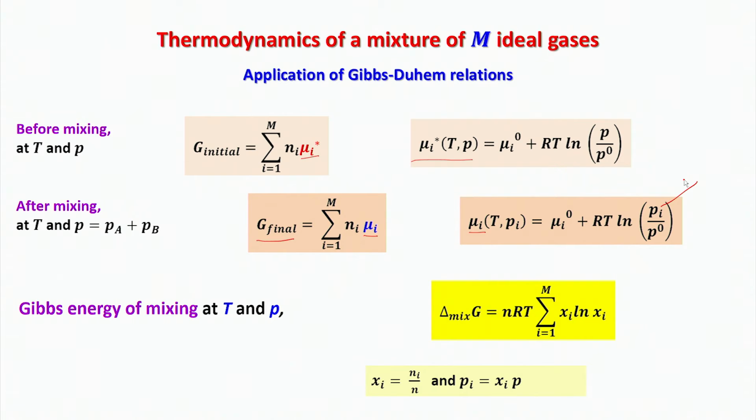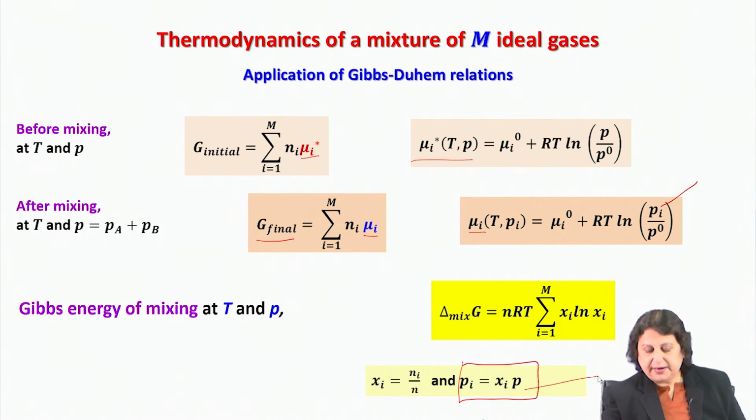Now, how did I introduce the composition of the mixture? All I did was use Dalton's law for a mixture of ideal gases, where each Pi is now expressed in terms of the mole fraction Xi of the ith component and the total pressure P at which the mixture is being maintained.